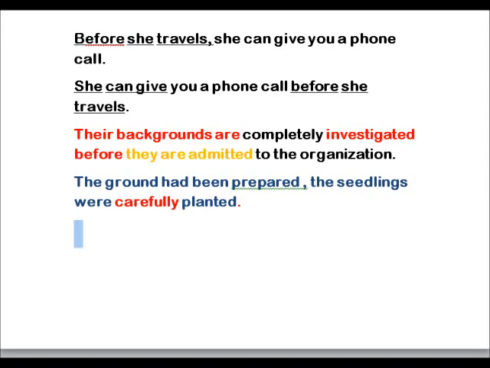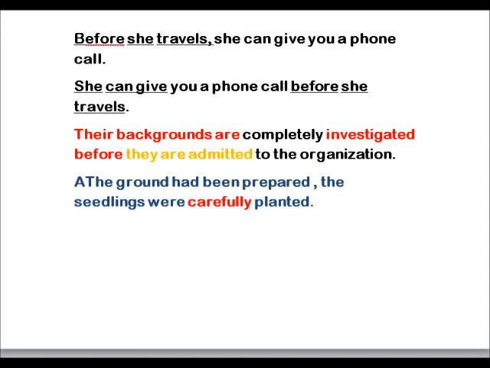In order to make it correct, we need to put a connector in the beginning. So the ground had been prepared, the seedlings were carefully planted. So we can say something like after.